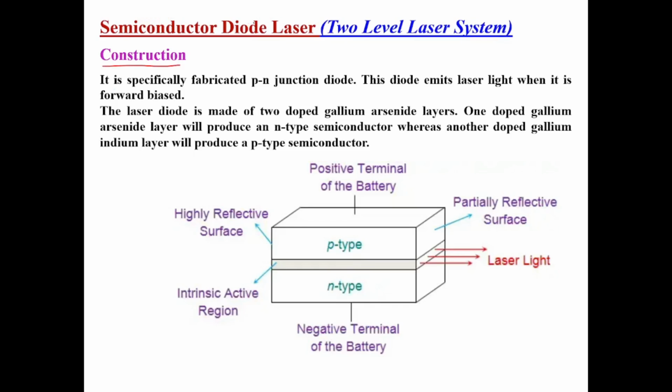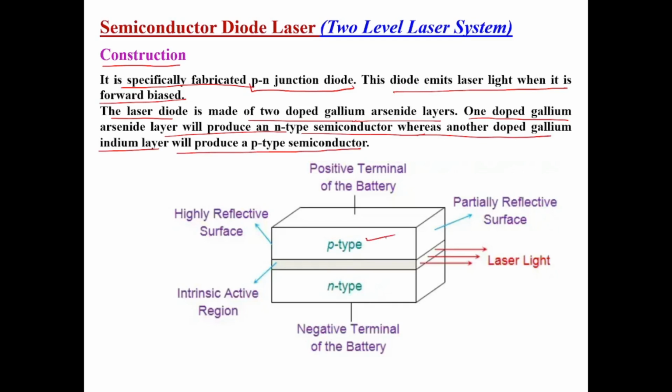See here, a semiconductor diode laser is nothing but a PN junction. What is the construction here? It is a specifically fabricated PN junction diode. This diode emits laser light when it is forward biased. The laser diode is made up of two doped gallium arsenide layers. One doped gallium arsenide layer produces N-type semiconductor material, whereas the other doped layer provides P-type semiconductor material.